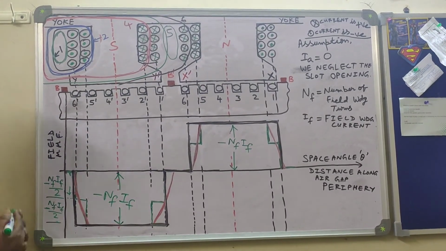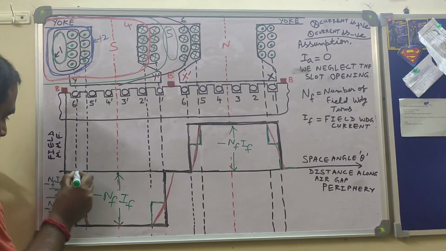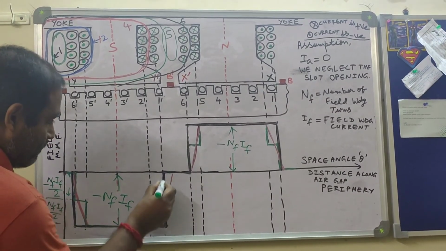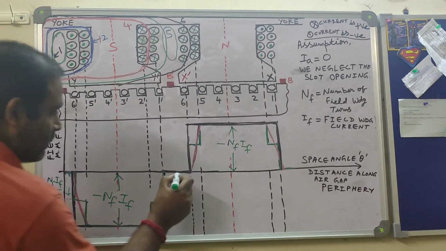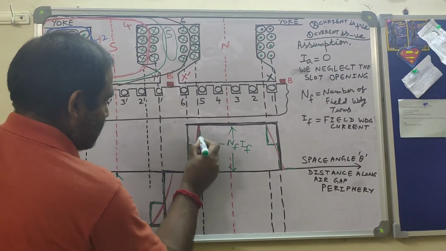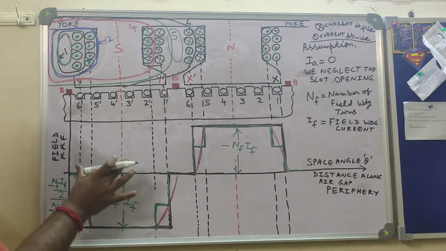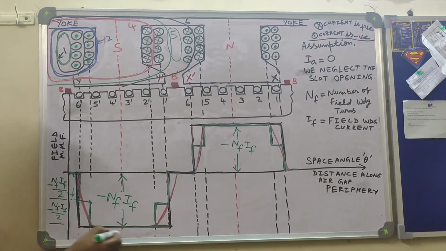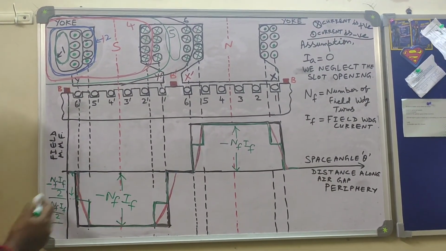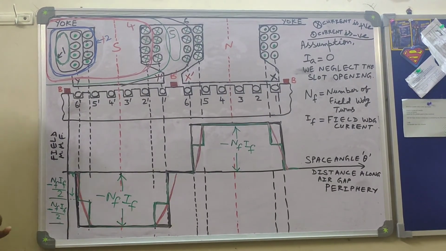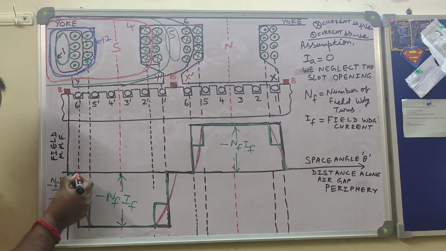So the actual variation was this green step variation, but this actual variation is sometimes approximated by this step variation, with the step taking place at the pole tip. You may also approximate this by a trapezoidal variation, which is also done sometimes.